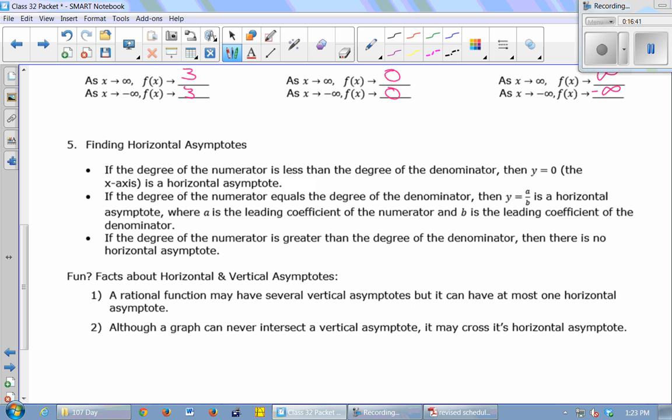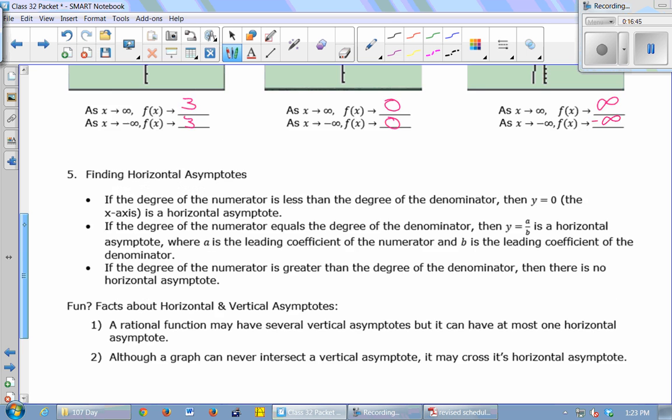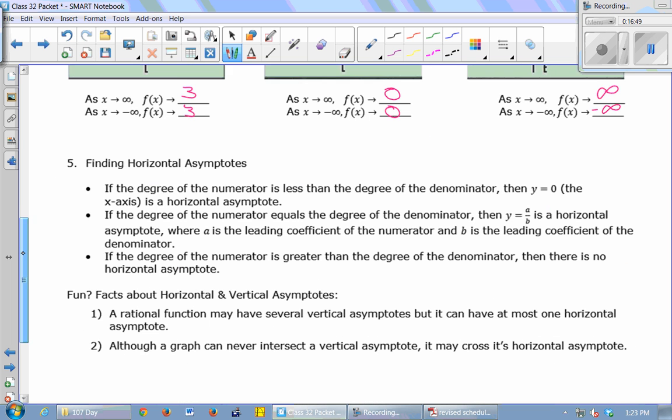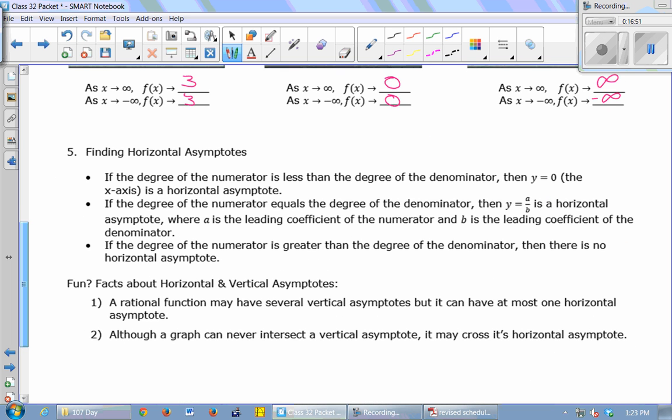If the degree of the numerator equals the degree of the denominator, that is this first case here, the degrees were equal, then y equals a over b is the horizontal asymptote, where a is the leading coefficient of the numerator, and b is the leading coefficient of the denominator.